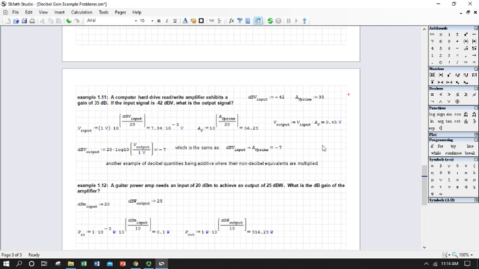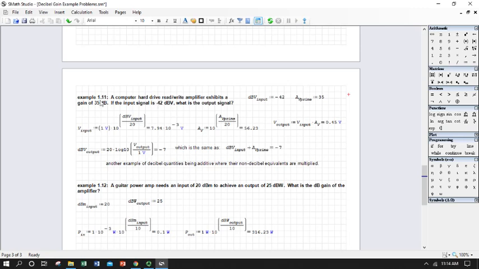So, well, that's a lot of work. Had I been more confident, I could have just said, well, I know that I can add decibel scale gains, and so I could have just simply used my dBV input plus the decibel gain and gotten negative 7.